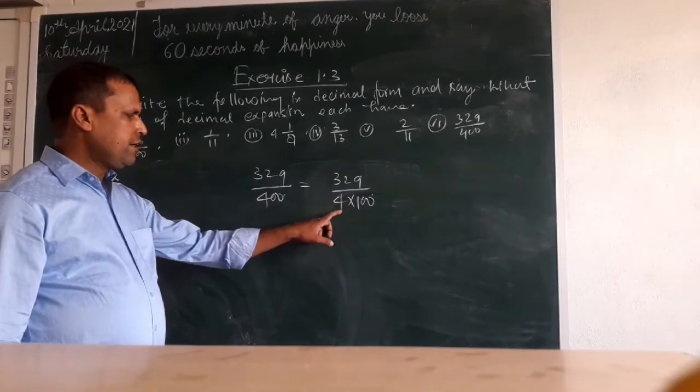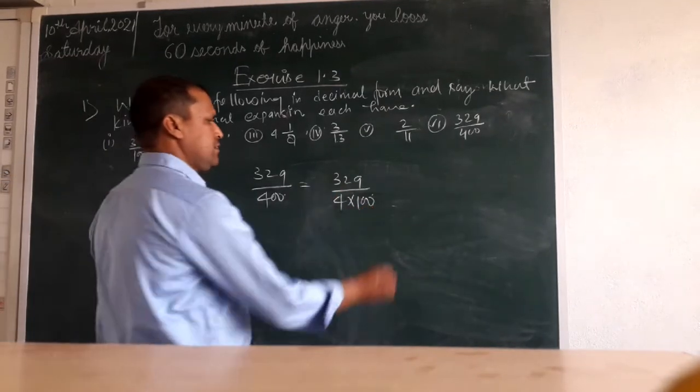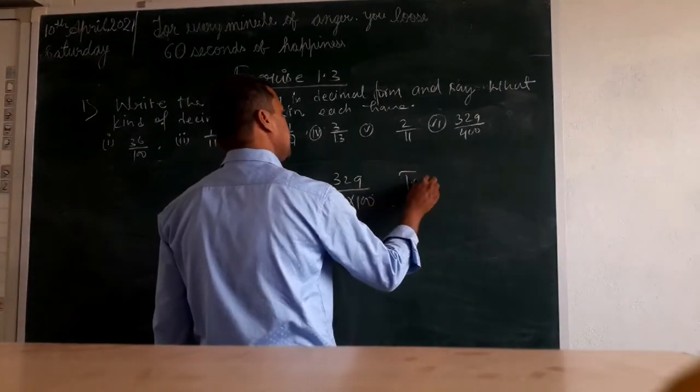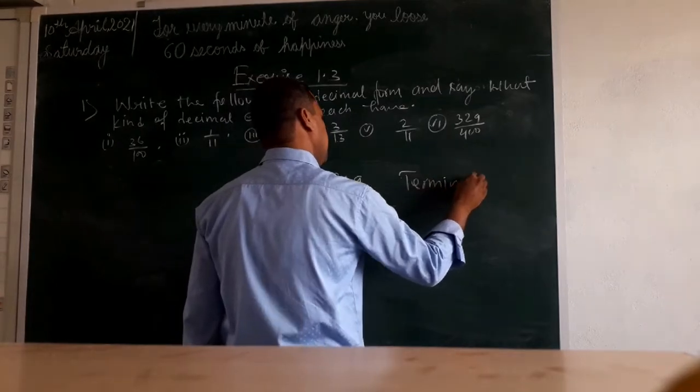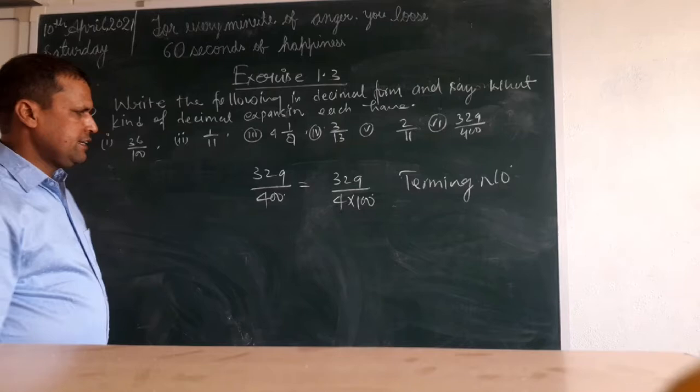So 4 has factors of 2 and 100 has factors of 5, so it is a terminating number. Can you divide it?